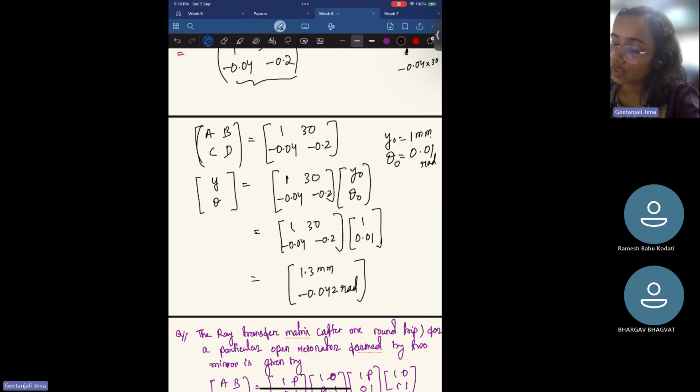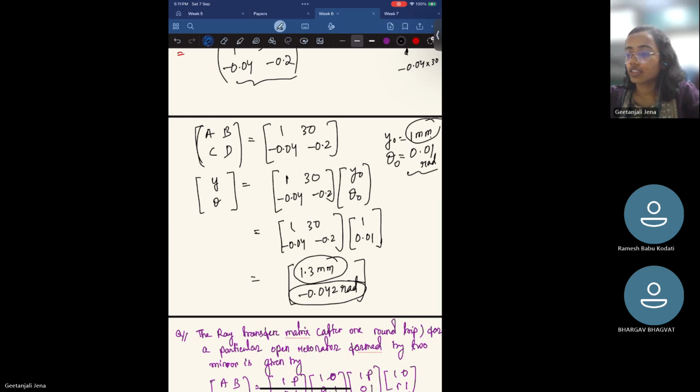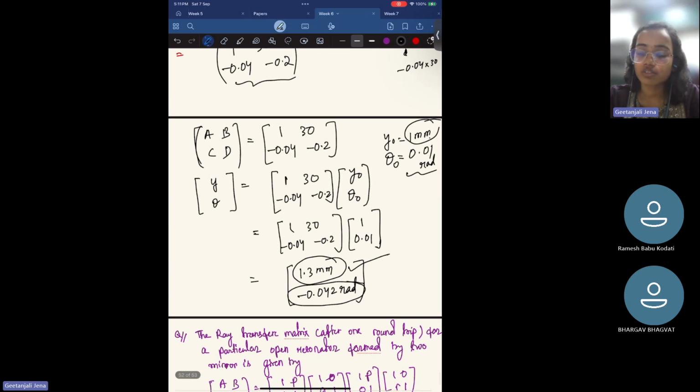So this will be the position of the ray and the angle that the ray will make with the horizontal after one round trip. Okay, so we initially started with 1 mm and 0.01 radian. Then after one round trip, the ray position is 1.3 and the angle is minus 0.042 radian.